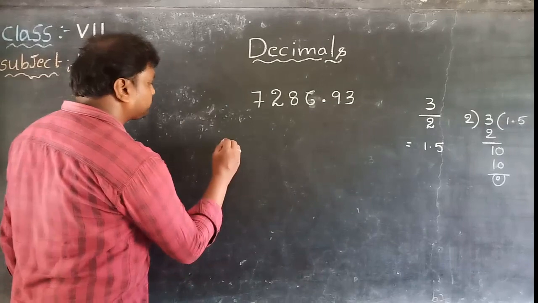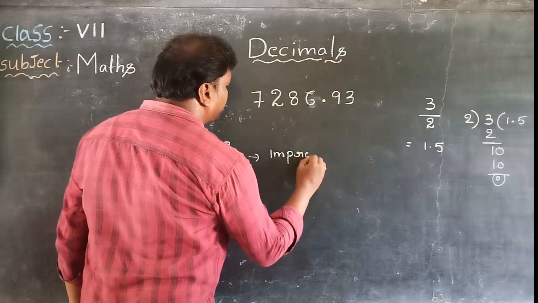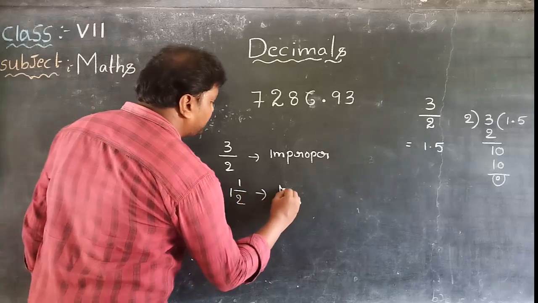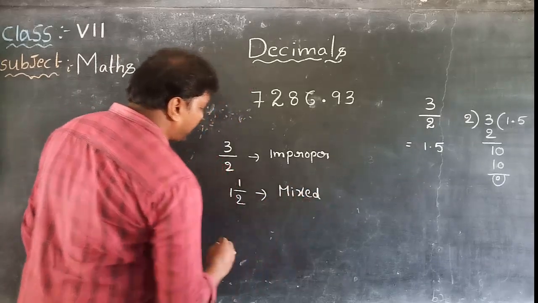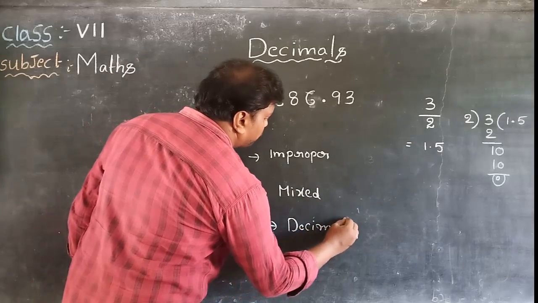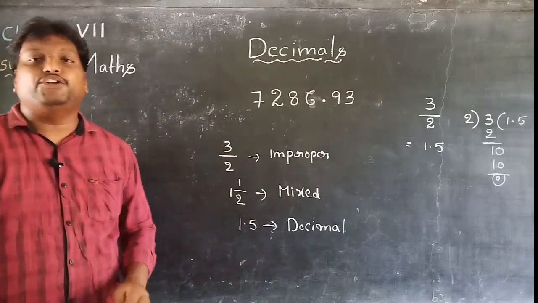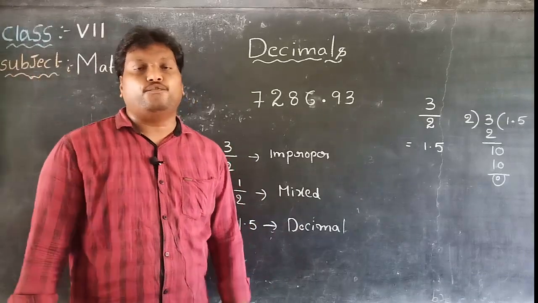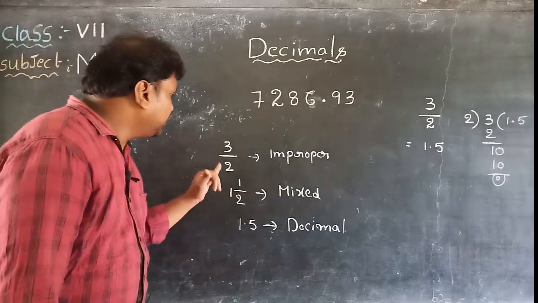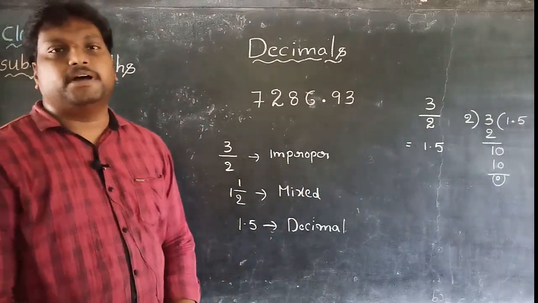Just observe, 3 by 2 is improper, 1 and 1 by 2 is mixed, and 1.5 is decimal. Any fraction we can convert into decimal, and any decimal into fraction. That we will discuss in the next class. 3 by 2 is the improper fraction; we converted it into a mixed fraction, and again into decimals.